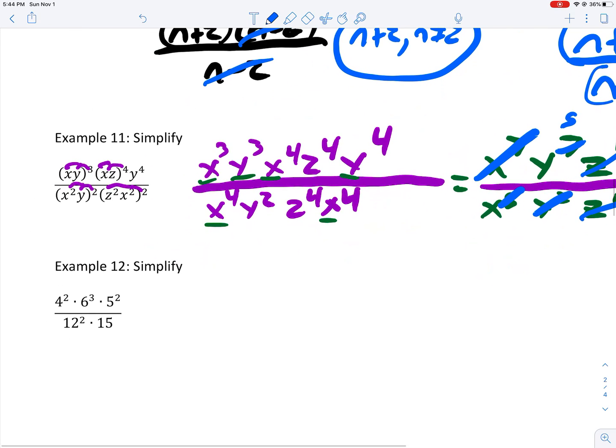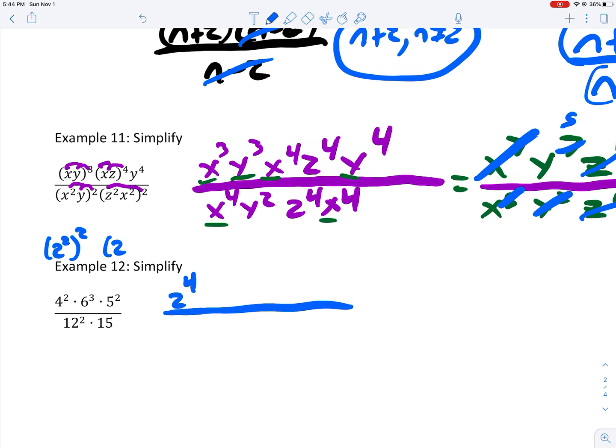In the numerator, 4 squared is 2 squared squared, so that would be 2 to the fourth, because a power raised to a power, you multiply. 6 to the third is 2 times 3 to the third, so that's 2 to the third, 3 to the third, like I distribute. And then you have 5 squared. Now you can't break that down.